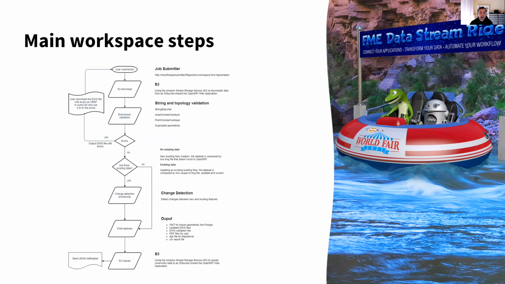If the data are already present in the database, the next step is change detection to detect changes between new and existing features. At the end of the procedure, all output is written out and uploaded on S3, and a JSON notification is sent back to OpenCP.